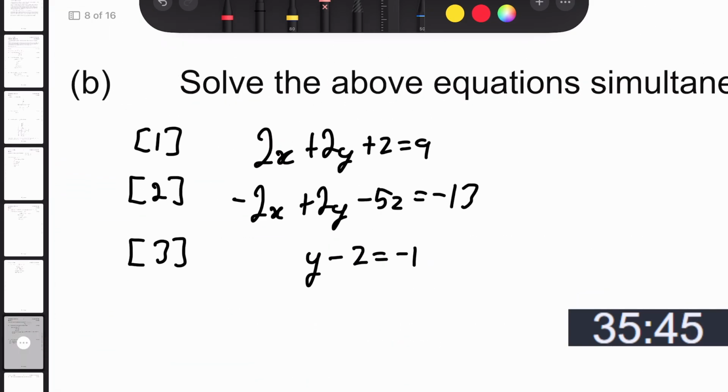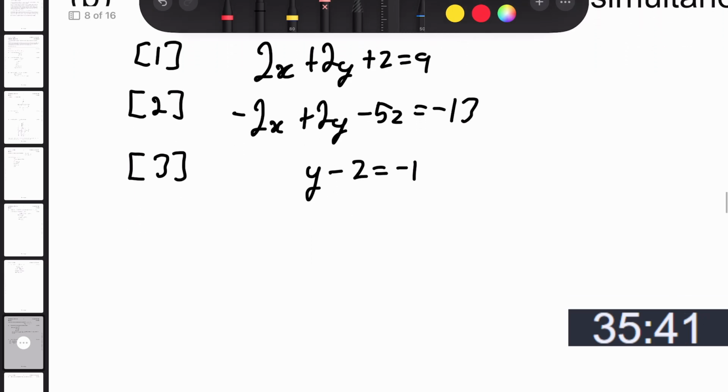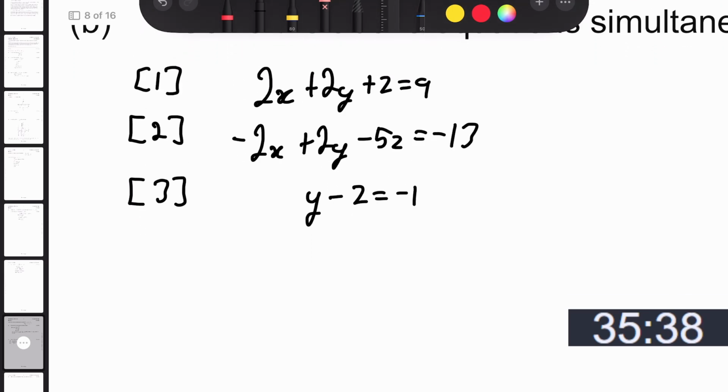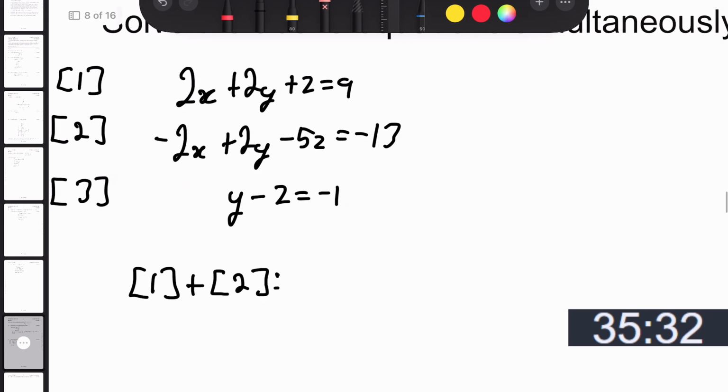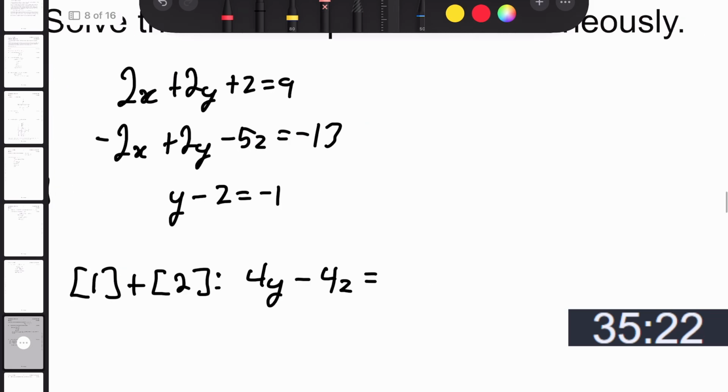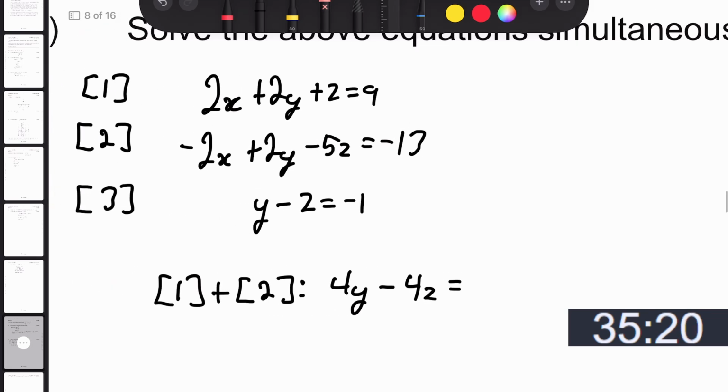Alright. So what should we do? Let's do 1 plus 2. So then these x's will cancel and I get 4y minus 4z equals plus 2.